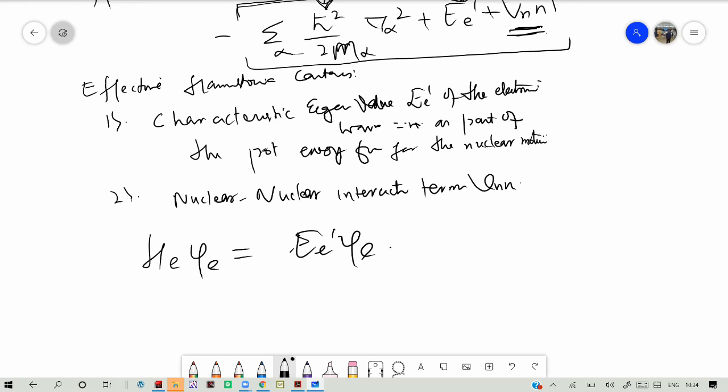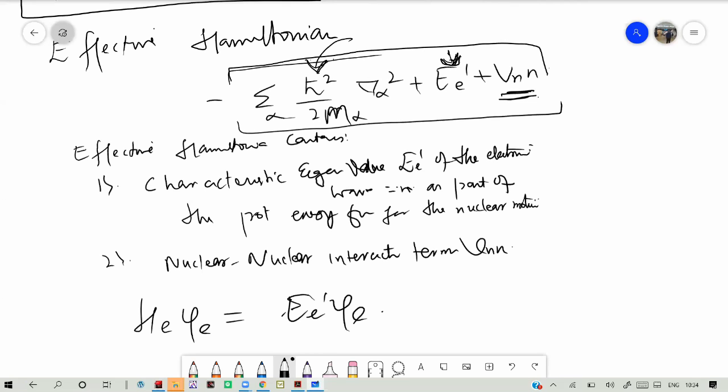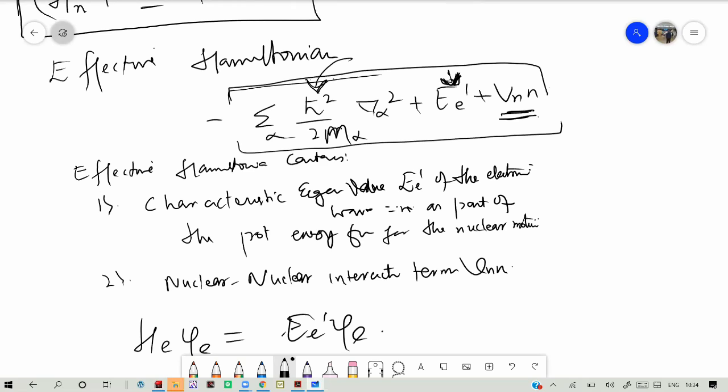So we can solve this by using this equation here, E dash. So we take the E dash and put it in this equation. So we solve the total equation then.